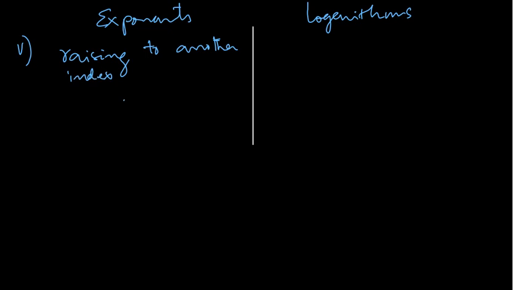It's already raised to the m. You are raising this entire thing to another index. This is what I mean by another index. That's nothing but a to the power of mn or a to the power of nm. So, you want me to repeat this? You got it. Yes, this becomes a multiplication.